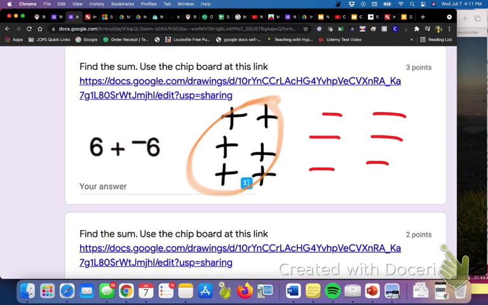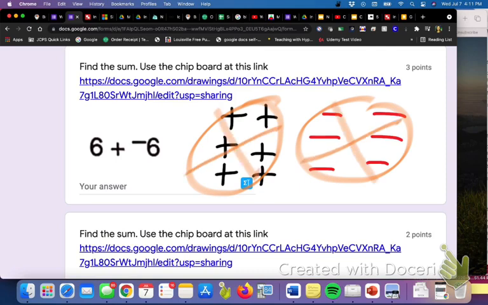Well, you have 6 positives and 6 negatives, so you have exactly the same number of positives and negatives. So each of those will cancel each other out. There isn't anything left over, right? So positive 6 plus a negative 6 is going to be equal to 0. So just type 0 right there in the answer box.